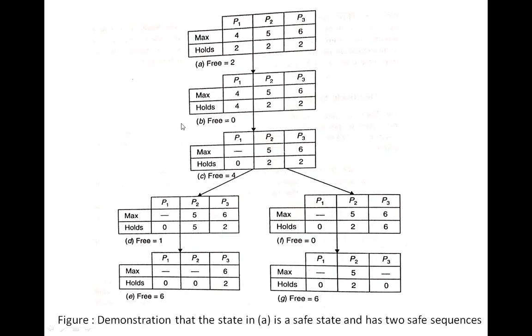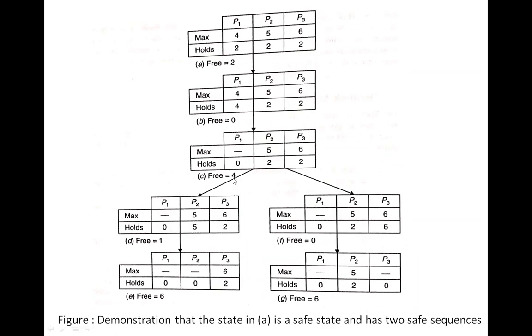Now P1 is holding 4, and there are no free units of the resource. Once P1 completes its job, it releases everything and is not holding anything, so we will have 4 free units.